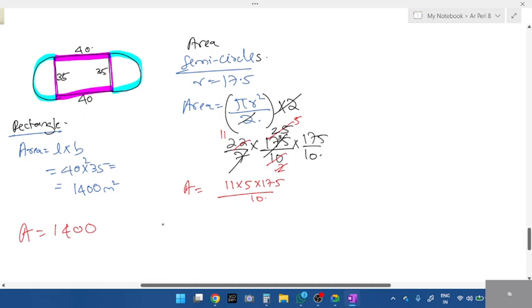Okay. Complete this, students. 1400 rectangle for semicircle. This is the area.